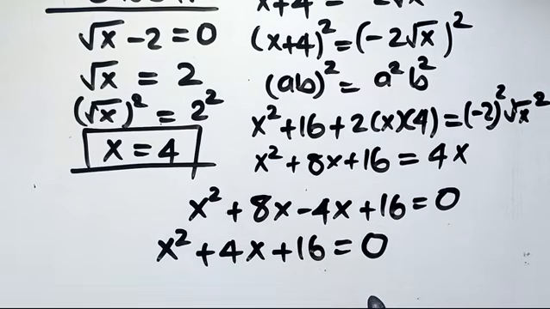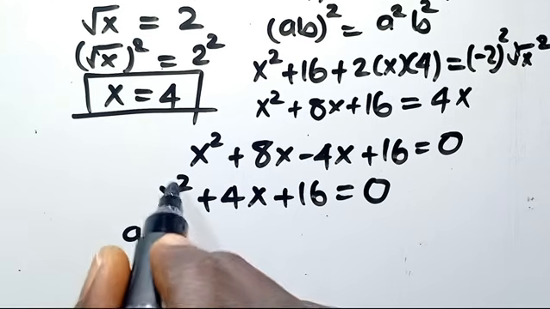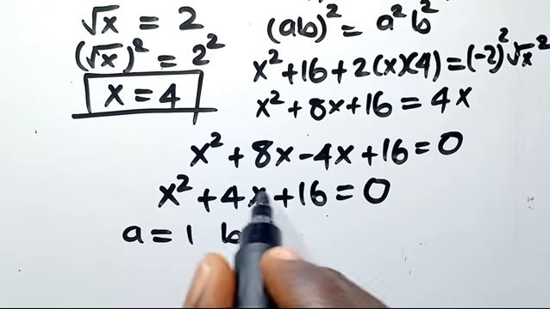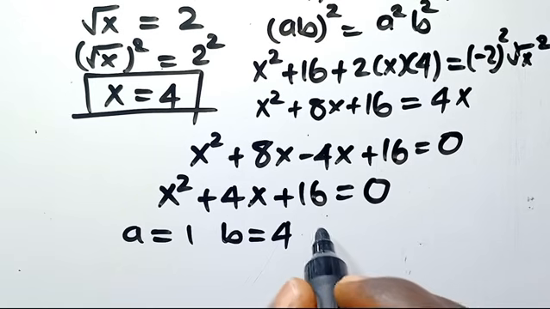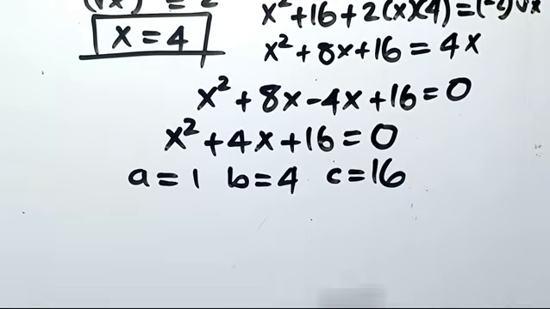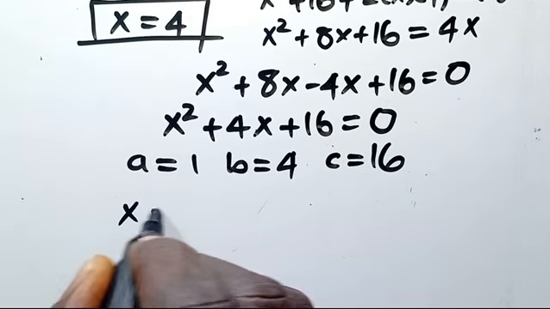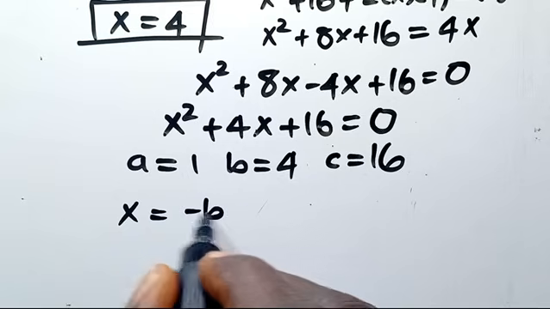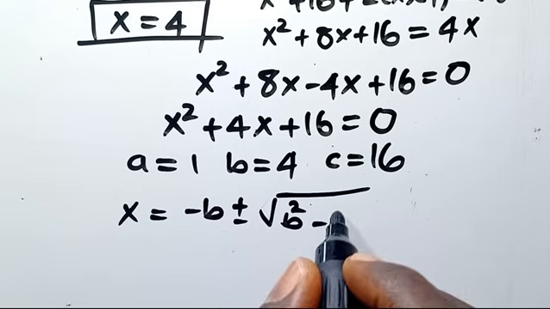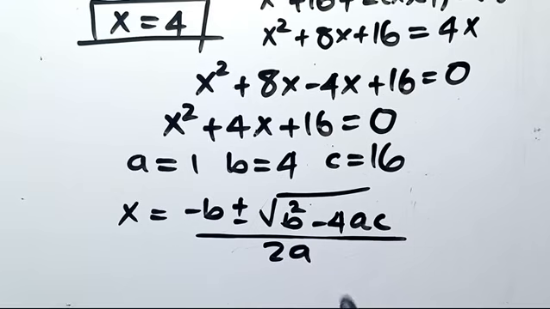Solving this quadratically, we can have the following parameters: a, the coefficient of x², is 1, b, the coefficient of x, is 4, then c equals 16. So we have x = (−b ± √(b² − 4ac)) / 2a.